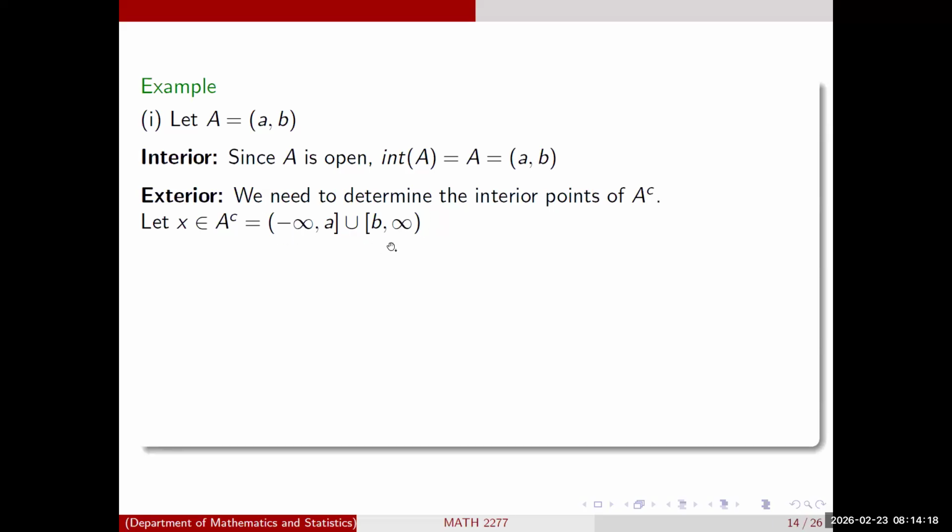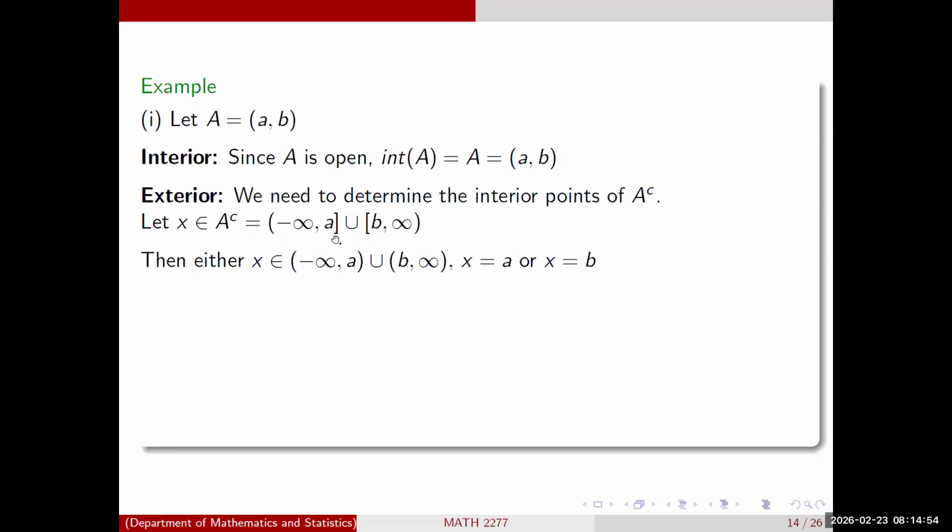Now look at this set and try to figure out what is the interior of this set. Since we know the interior is the largest open set I could fit in here, and the open sets are all built from open intervals, you could think of this as asking what is the largest collection of open intervals you could squeeze inside of this set.